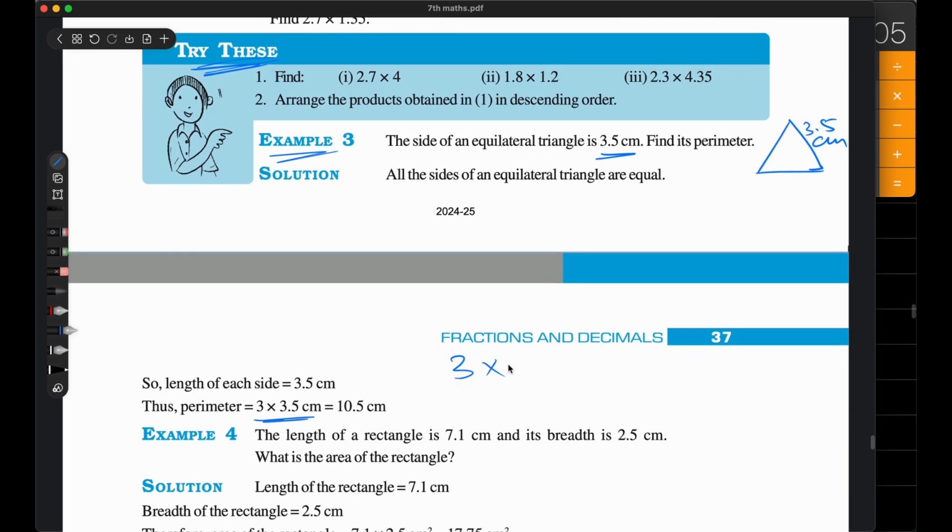First convert them into the fraction, that is 35 divided by 10. Now multiply the numerator and denominator separately. We will have 35 into 3 equals to 105 divided by 10. Now starting from right hand side, after one digit put the decimal point, so we have 10.5 is the answer.